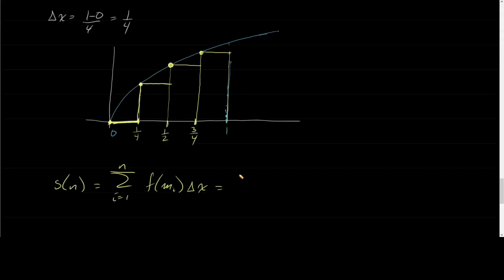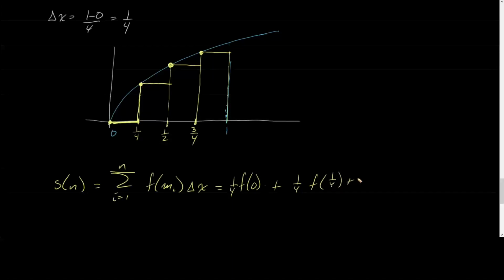So we have 1/4 times f of 0, plus 1/4 times f of 1/4, plus 1/4 times f of 1/2, plus 1/4 times f of 3/4.